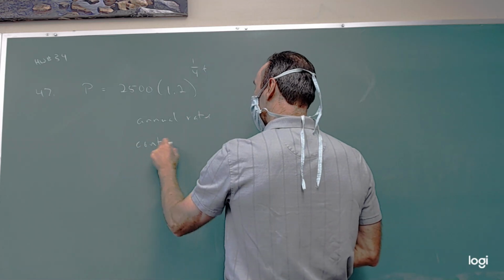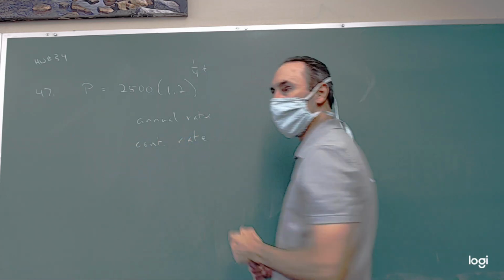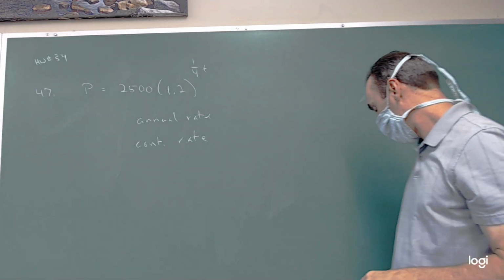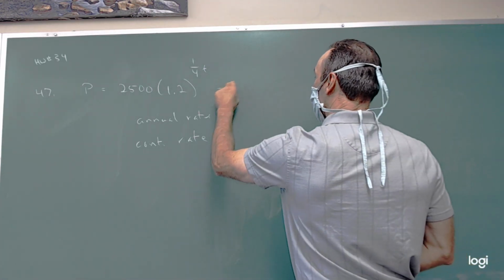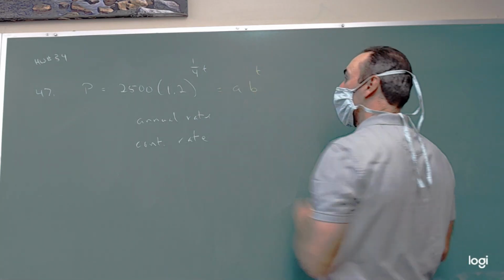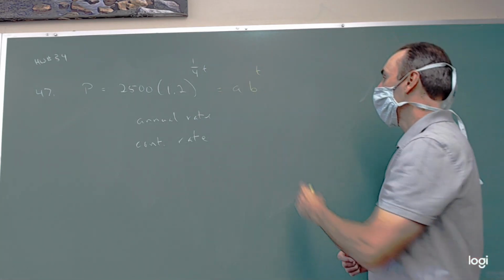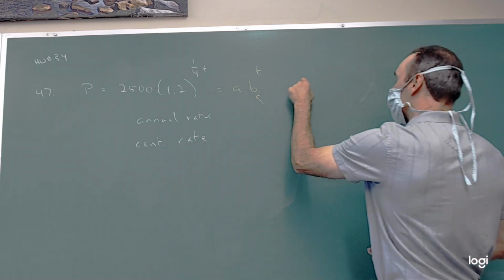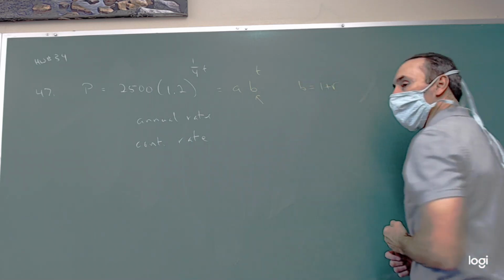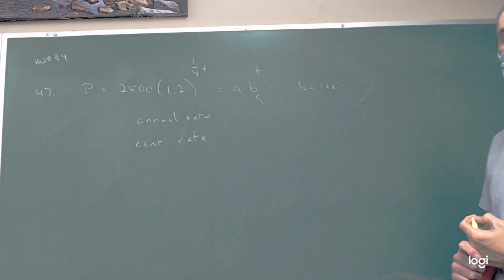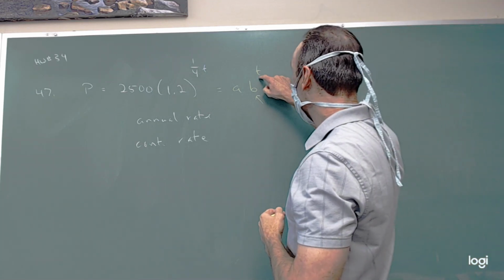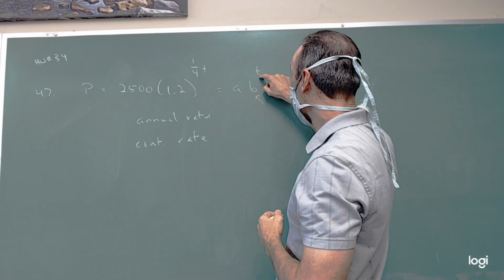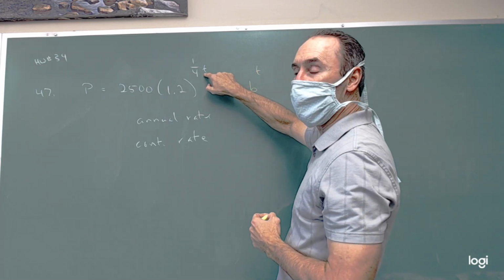So this is in some ways similar to what we just did there. We want to think of this as being like a b to the t power. And the b, remember, is going to hold in it whatever that percent growth or decay is. But before we can tell what that b is, we have to separate it out from the t.